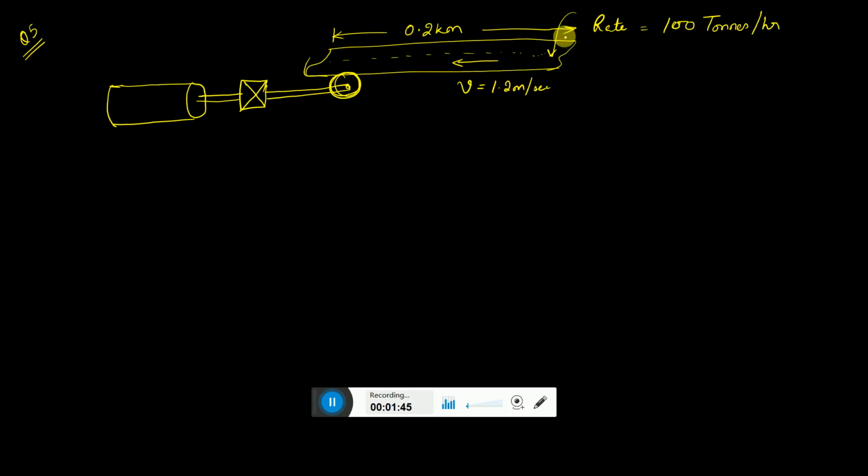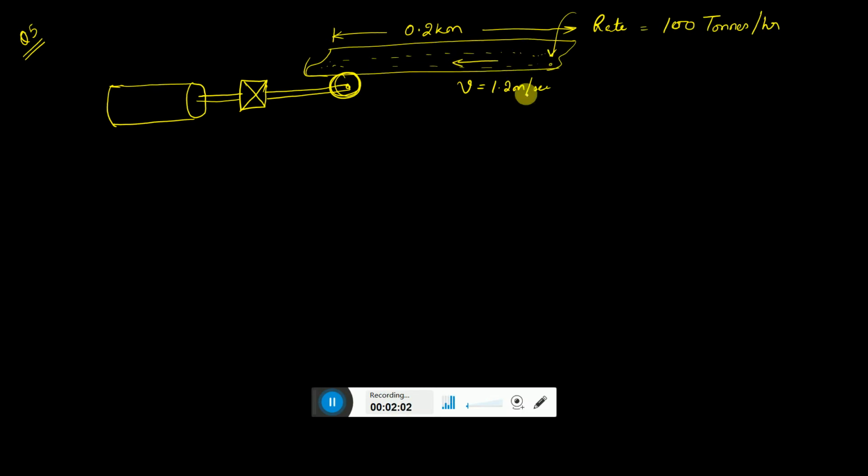Now if the length is fixed and the velocity is fixed, what is the time taken for this belt to take the coal from one end to the other end? In that way we can calculate the total coal that is there at any moment.